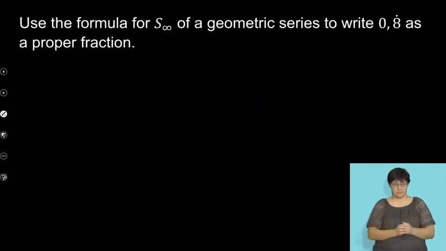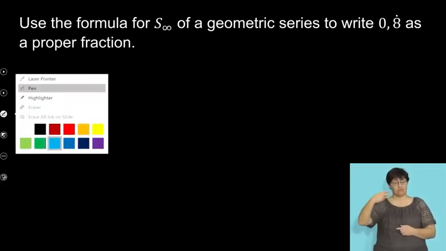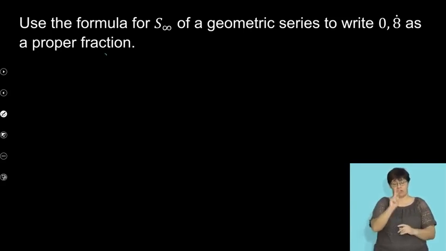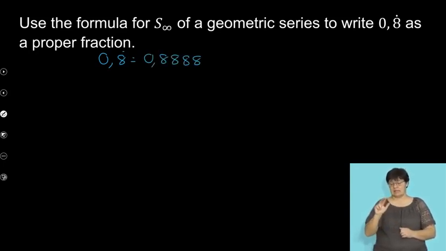Great. Just a reminder that now we are going to be using the formula for the sum to infinity of a geometric series to write down 0,8 recurring as a proper fraction. First things first, let's write down what 0,8 recurring is. We've discussed that it's going to be 0,88888 going on.